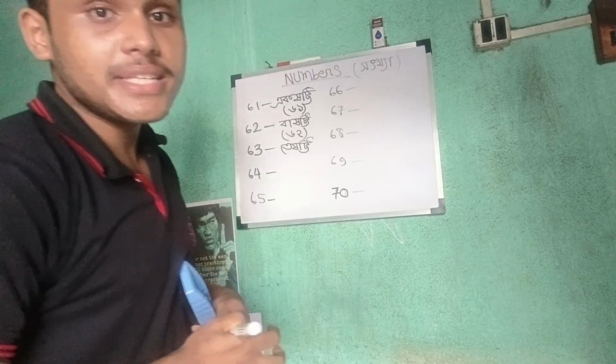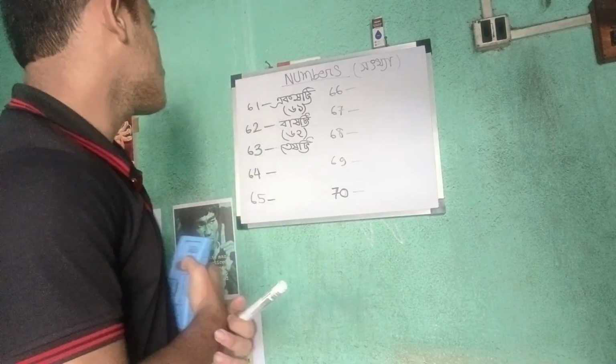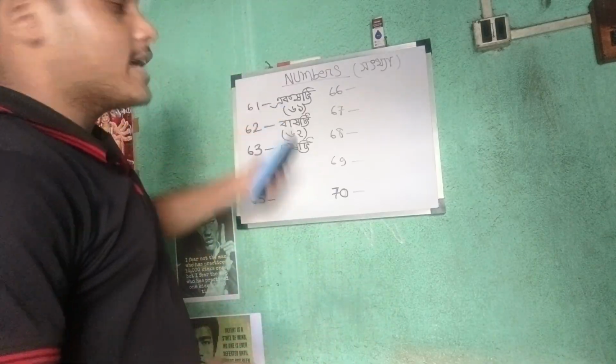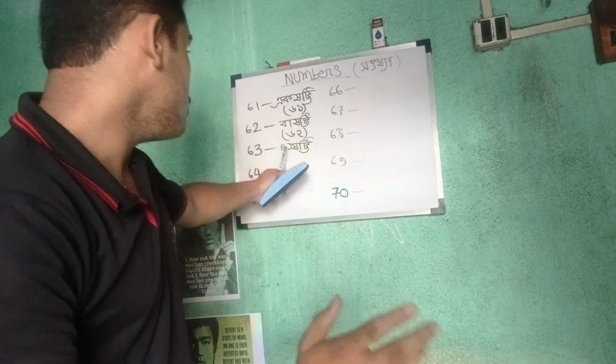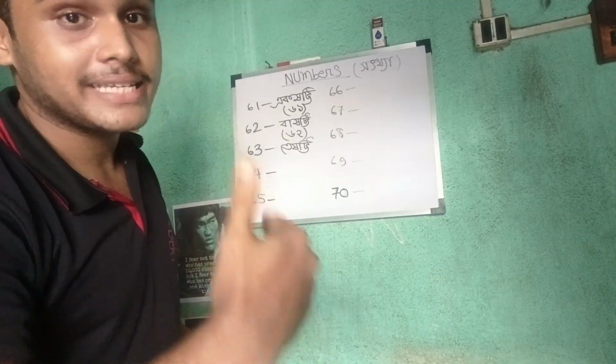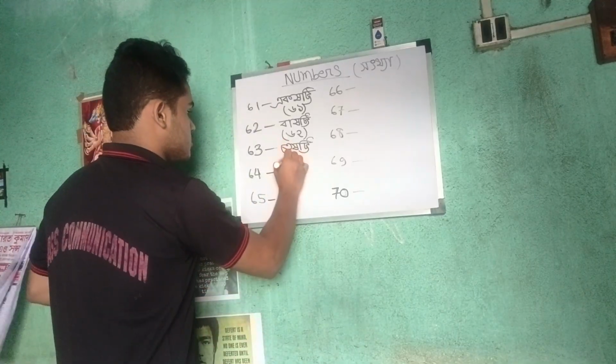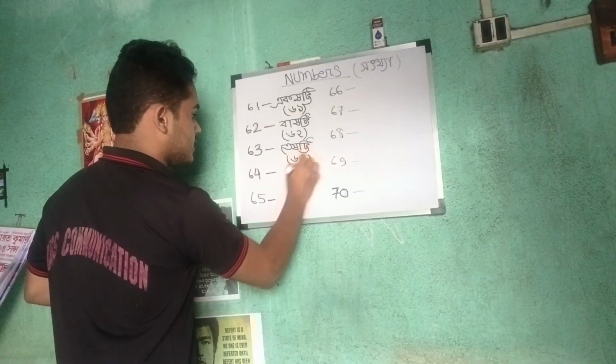So ekষট্টি means 61, bâṣôṭ্টি means 62 and têṣôṭ্টি means 63. So 6 and then 3.